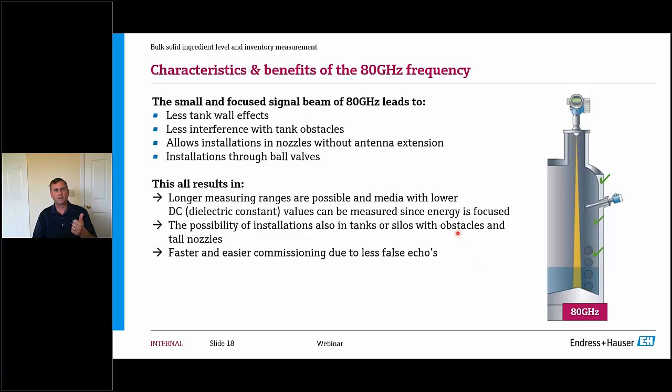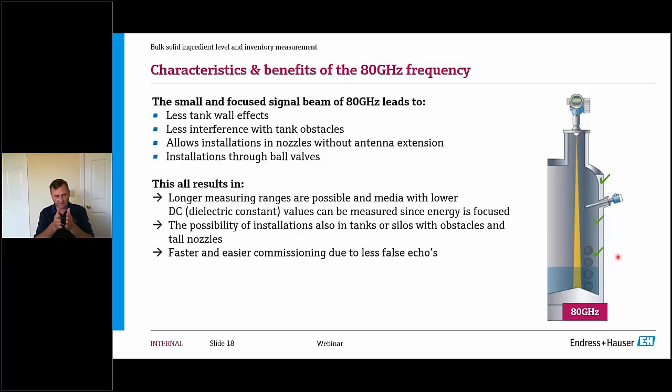Number one, we started using the 80 gigahertz, which then allowed us to go to this narrow beam angle as well. To illustrate that, we have this picture on the right-hand side here. You have the radar unit, and you can see the very narrow beam going down towards the surface. Now, this is valid for liquids as well as solids, so this is applicable to liquid applications as well.